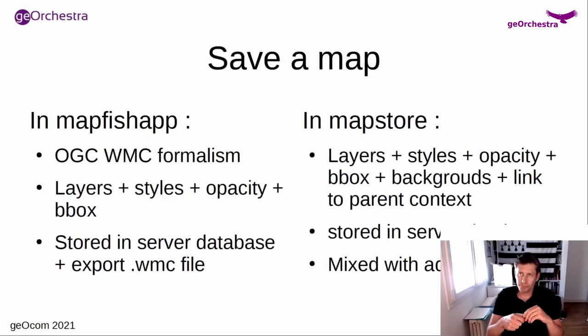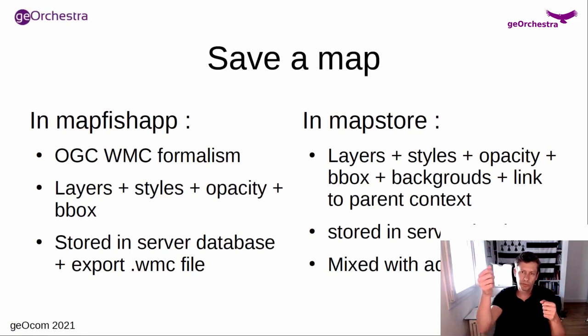There are similarities and differences between Mapfish app and MapStore. In MapStore, the save the map functionality will save layers, styles, opacity, bbox, backgrounds, and a link to the parent context. Because as I said before, even if you are in the default geOrchestra MapStore map, you are already in a context.